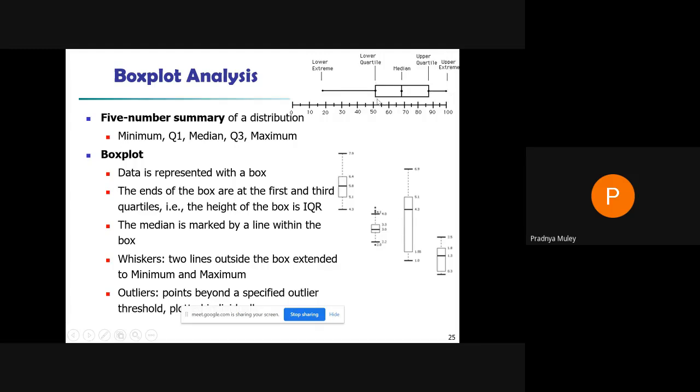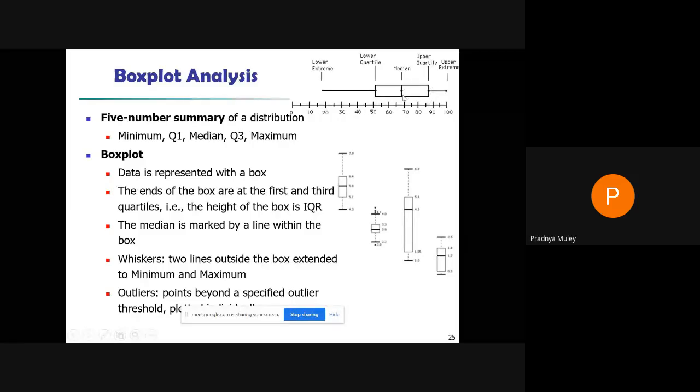So what is this box? This box is the interquartile range. The box starts with Q1 and the box ends with Q3. So if you consider this line is Q1, this line is Q3, and this is the median of the data. So this is called a box plot.